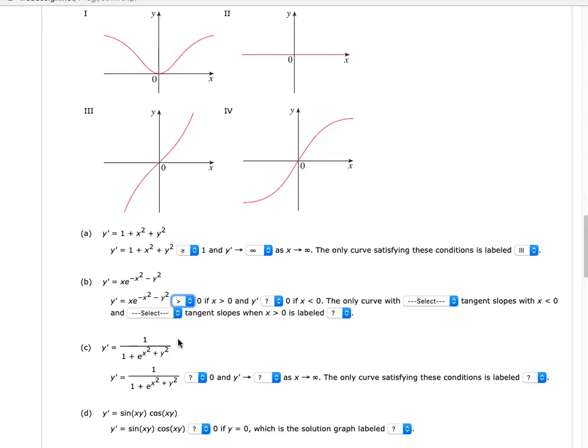And if x is less than 0, then this is going to be negative, or less than 0. The only curve with negative tangent slopes when x is less than 0 and positive tangent slopes when x is greater than 0 is which one? 1.